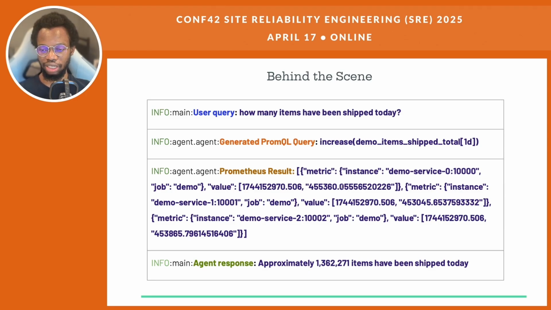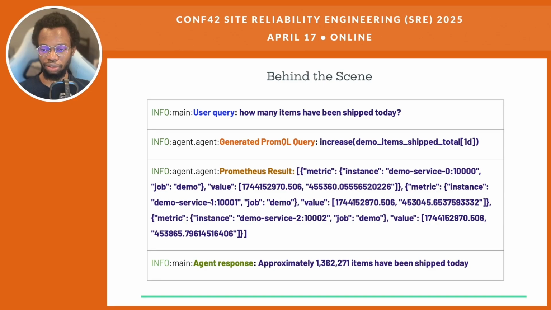So each of these instances have been processing orders through the day, and each of them maintains a count of the number of orders that they've processed. If you look at demo service 0, it has processed 455,000.